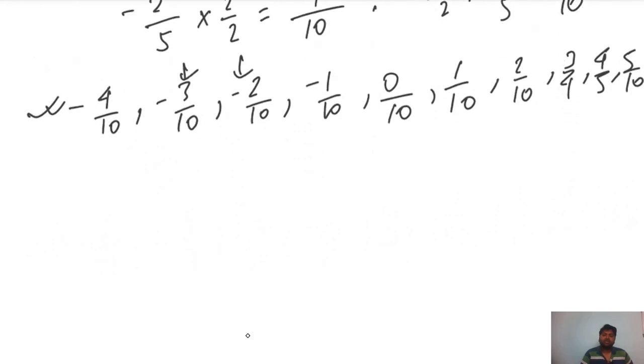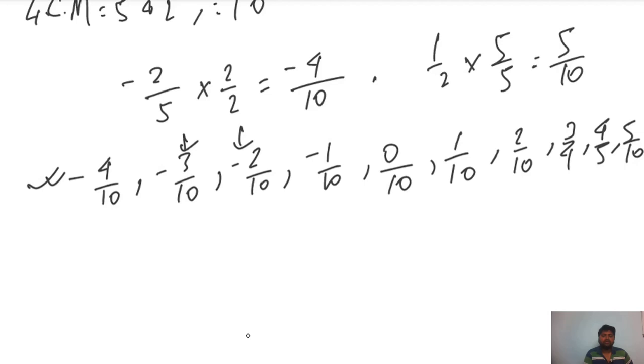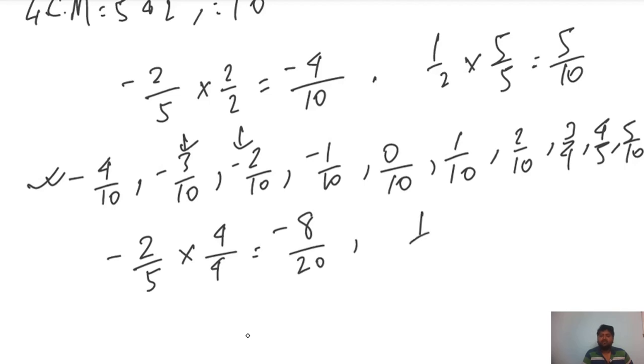Now we take minus 2 by 5 into 4 by 4, which is minus 8 by 20, and half into 10 by 10, which gives 10 by 20.